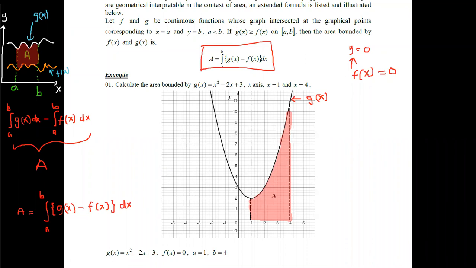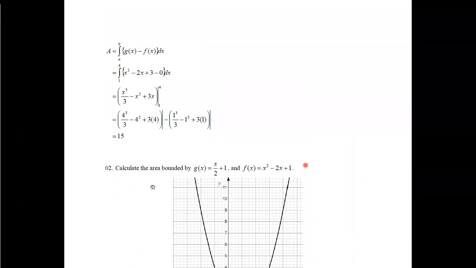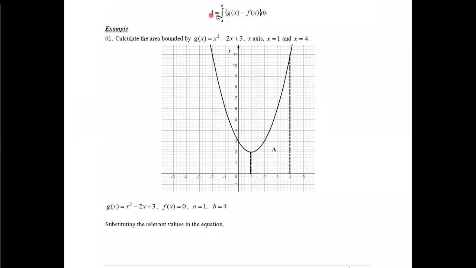And if you do the substitution in this equation, the integral of gx minus fx with respect to x in the region of a to b, now you have identified gx and fx was identified as 0.